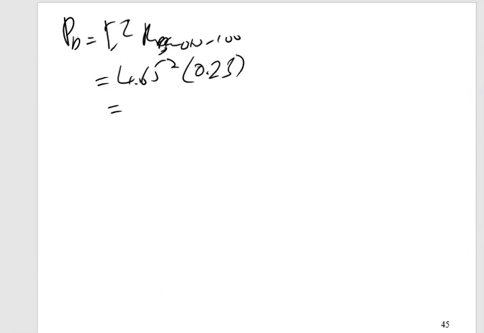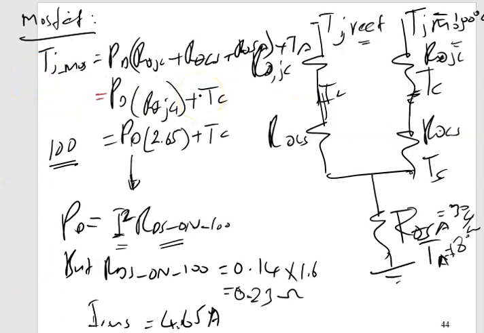So you will get here 4.92 watts. This is your dissipated power, which is generated at the MOSFET. Then return back to here, and the value of PD just now, you put it back in here.